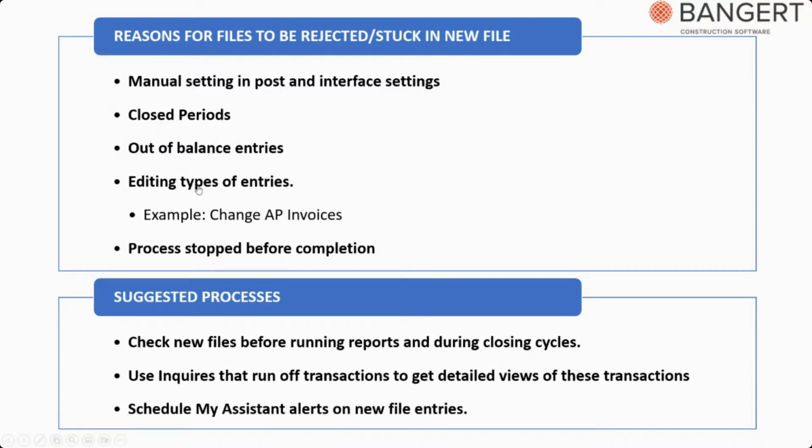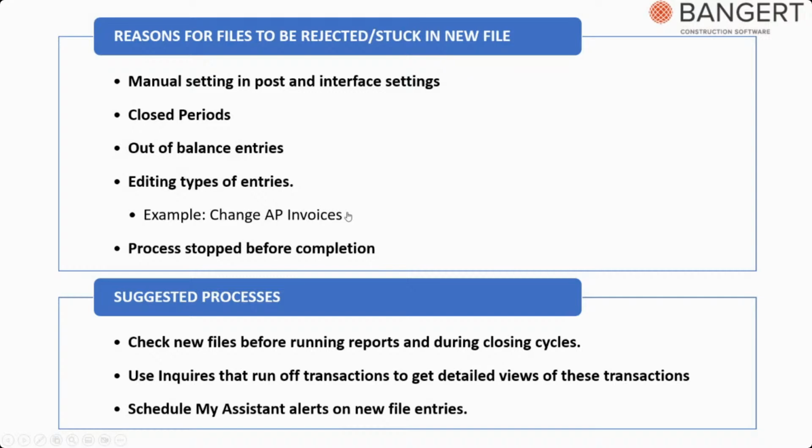Another area, especially an area where people believe they're automatic, and in reality the system just doesn't do it automatically, would be when you're doing some editing, when you're changing entries. One of the most common places is when you're changing accounts payable invoices.